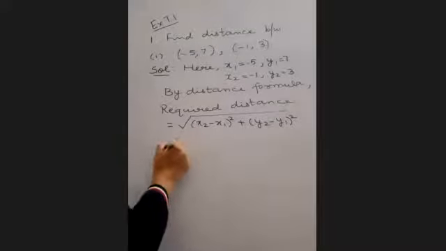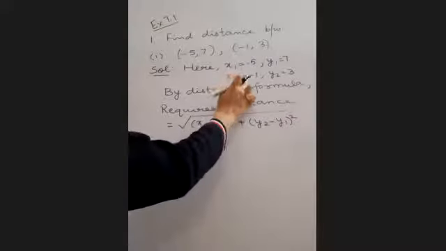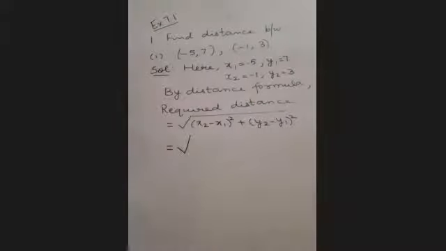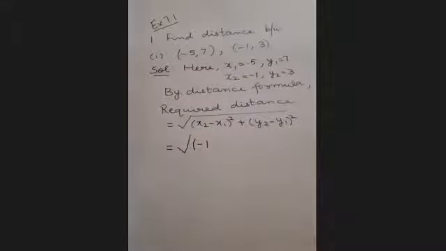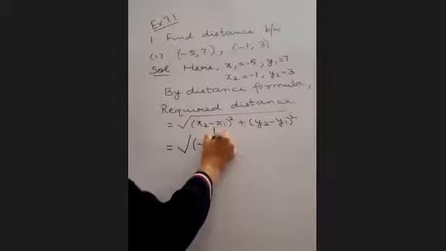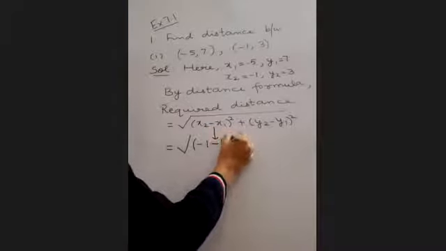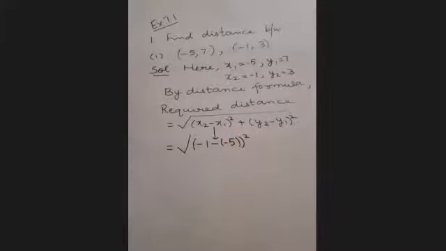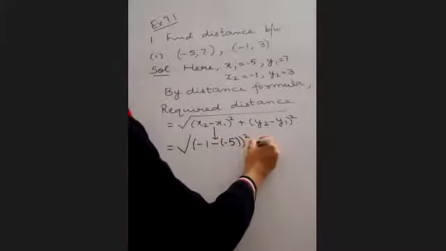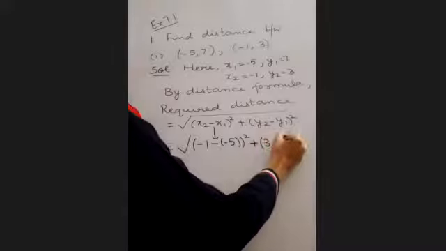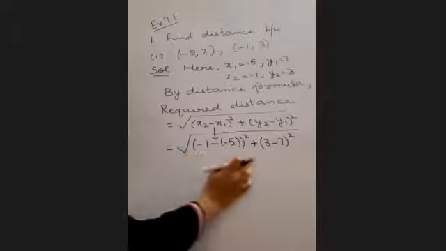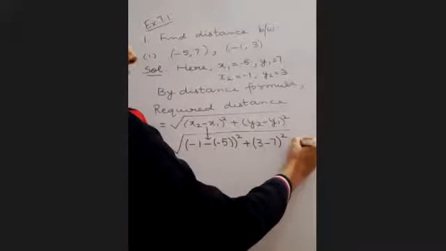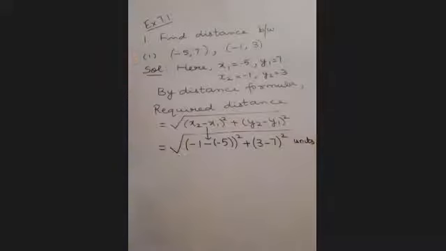Alright. Now let us put the values carefully. So x2, please take care of the negative sign. x2 is minus 1. x1 is minus 5. So this minus is of the formula and one more minus 5 is there. So please be careful. y2 is 3, y1 is 7. It is under root, and the moment you are putting values, you will keep writing units because distance is in units.